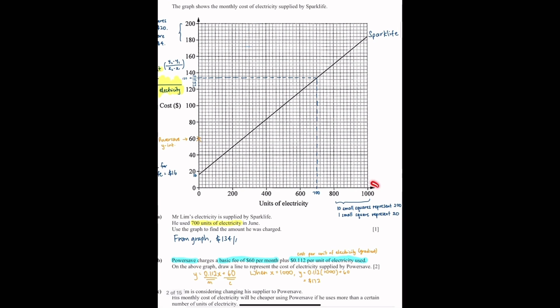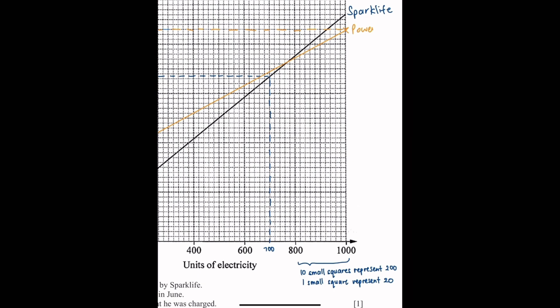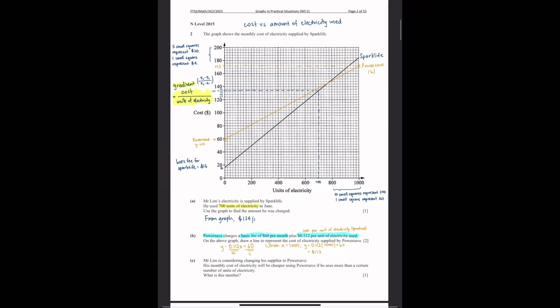So when x equals 1000, y will be $172, which is over here. 172 is here, so you can draw a dotted line all the way till you meet x equals 1000, so over here. I will then connect this point to this point to draw a straight line. So the orange line will be PowerSave. This is how you do part B.